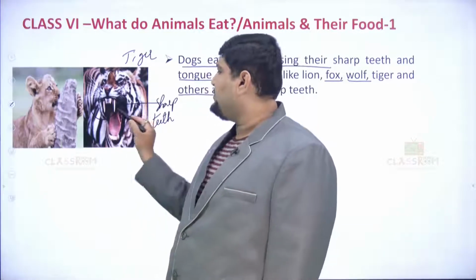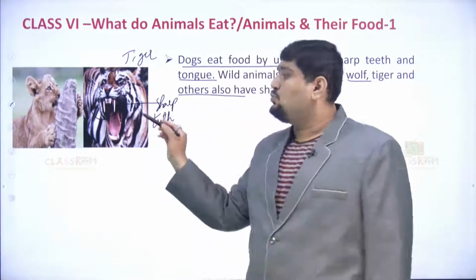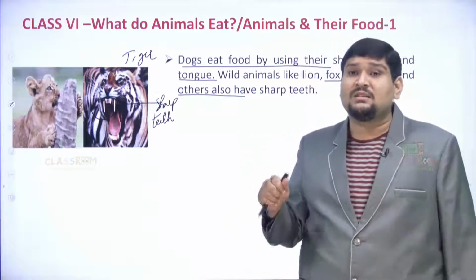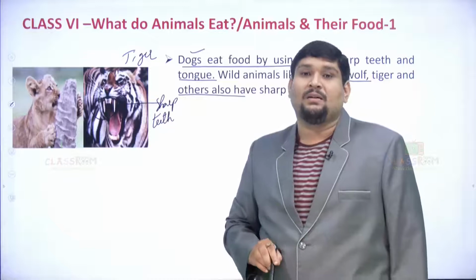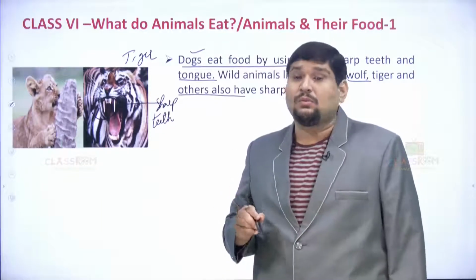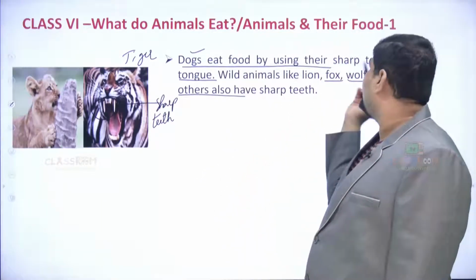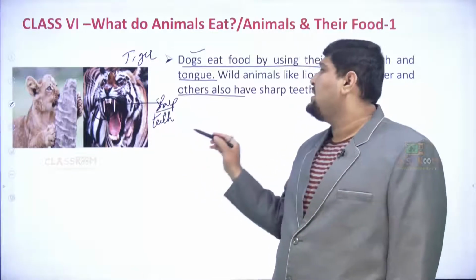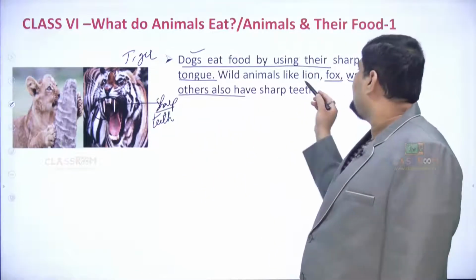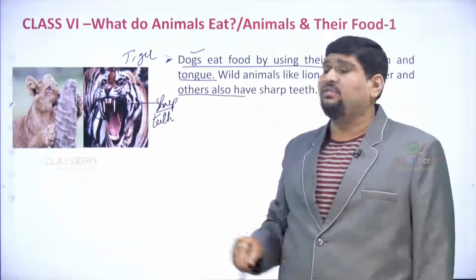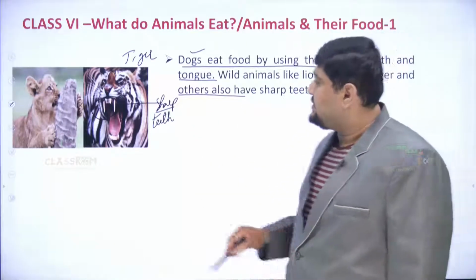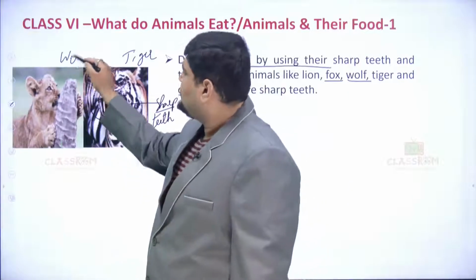Can you see it? You can very much differentiate it. You can find this kind of jaws in dogs also. Dogs also eat the same way, with sharp teeth and tongue, and even lion, fox, wolf, tigers also have the same sharp teeth, isn't it? You can see a wolf also here.